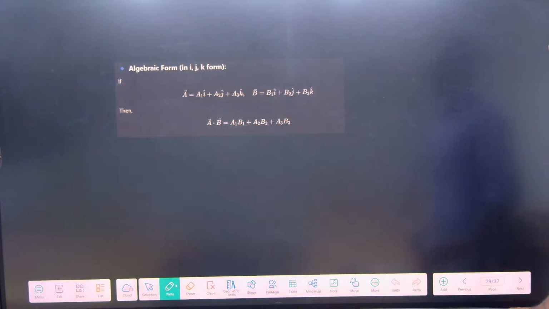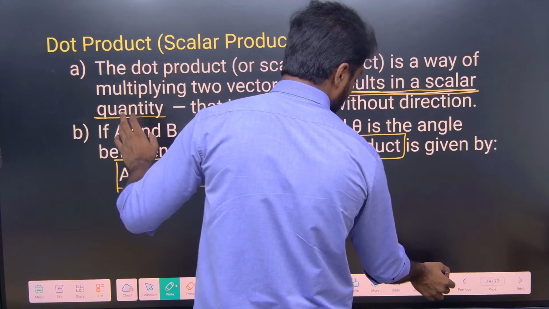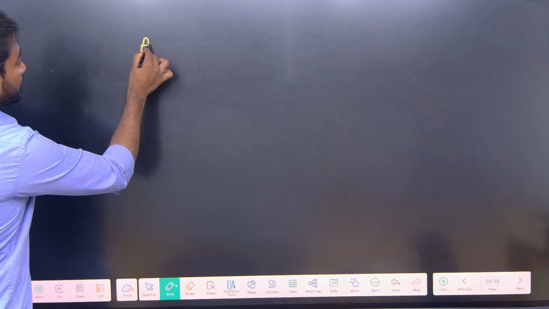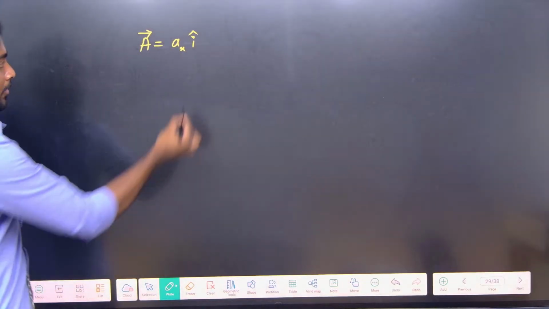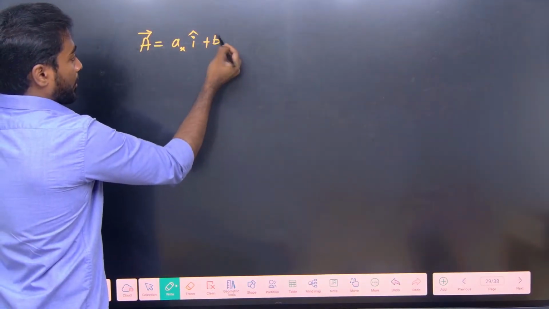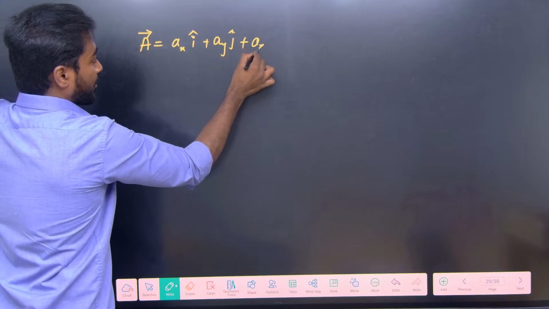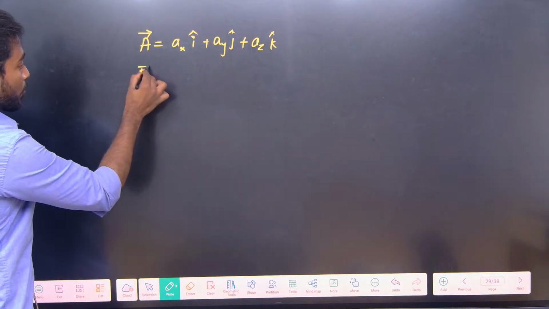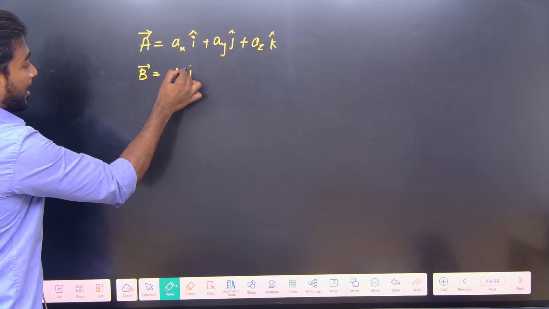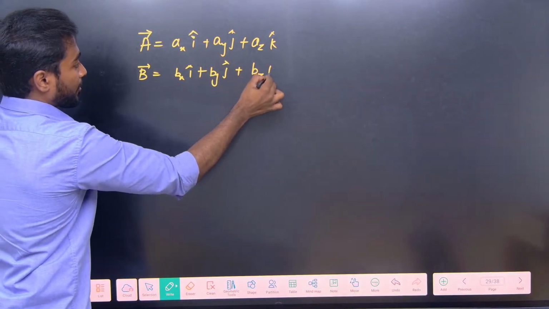Okay, the next one is, we'll talk about how we are going to use this. Suppose vector A is given as Ax i cap plus Ay j cap plus Az k cap, and vector B is given as Bx i cap plus By j cap plus Bz k cap.